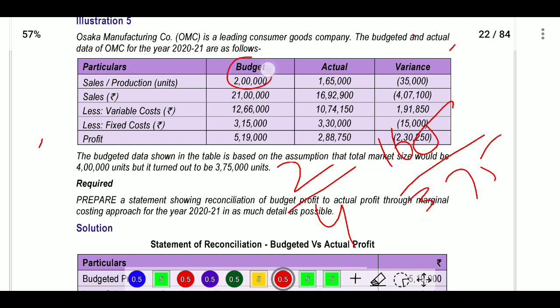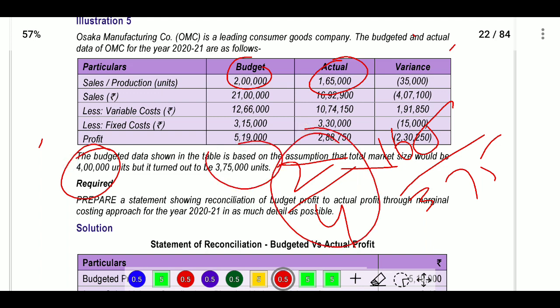They budgeted for 2 lakhs, actually it was 1,65,000, but the total market size turned out to be 3,75,000 against the assumed 4 lakhs. So 2 lakh divided by 4 lakh and 1,65,000 divided by 3,75,000, and here the percentage will be 50% in the budgeted case, and the actual market share will be 44%.